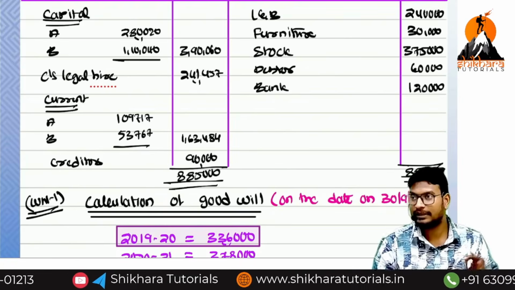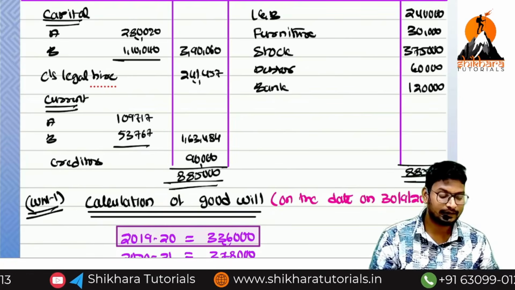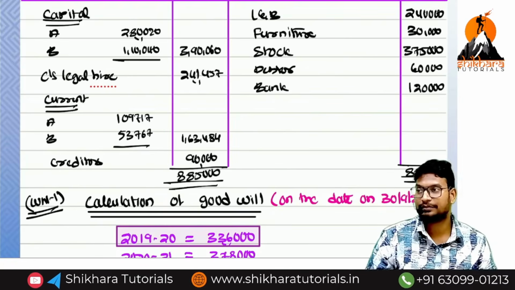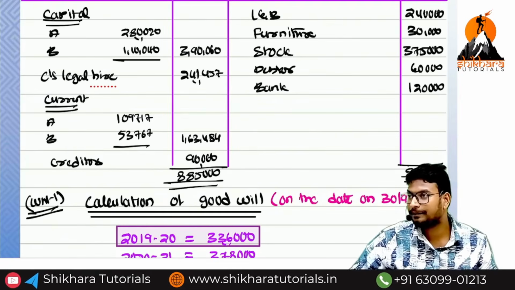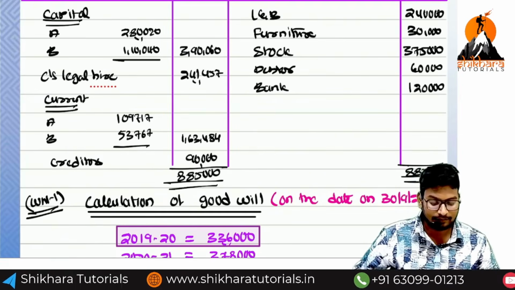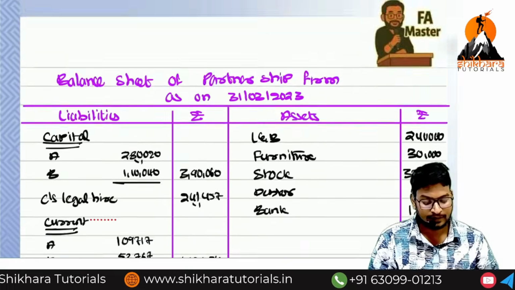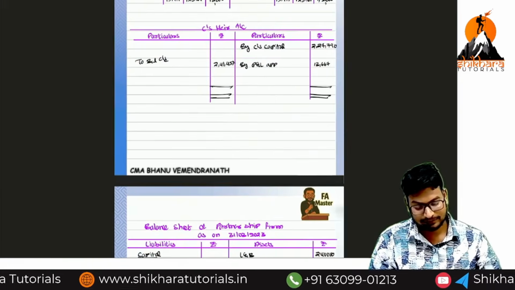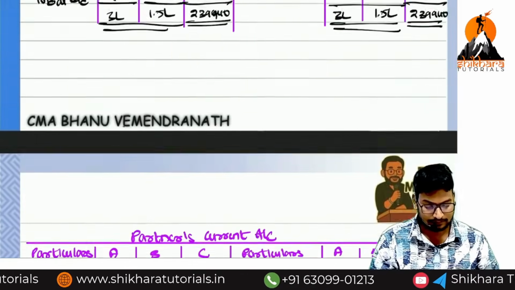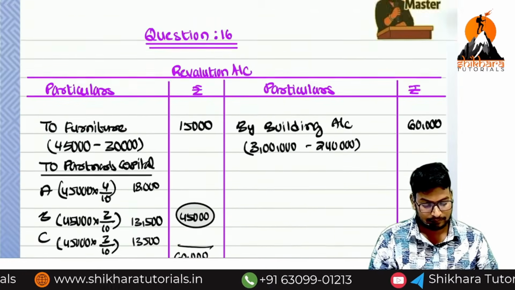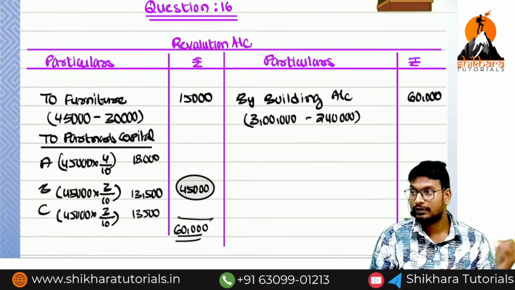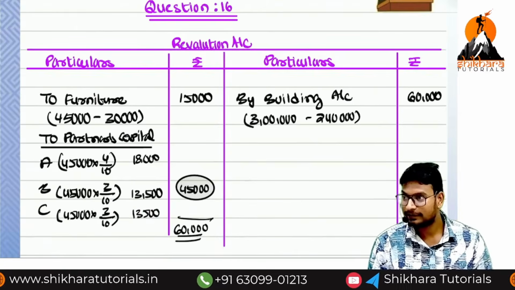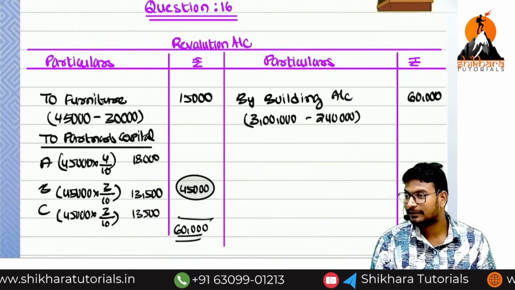So what we have done in this question, for the discussion itself it will take so much time. While solving, it will be very easy. First we have opened which account, amma? Revaluation account. So the revaluation account is easy. The tab is not working, so no problem. What happened?